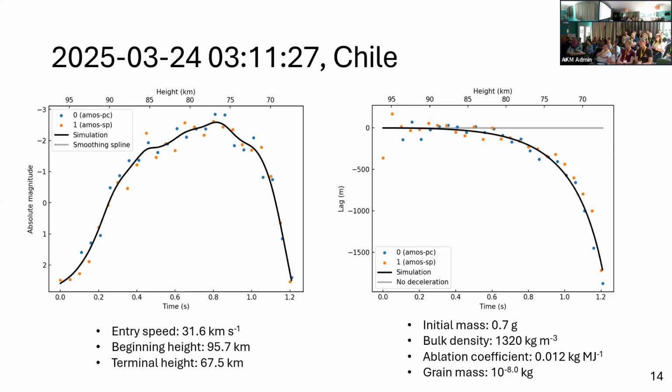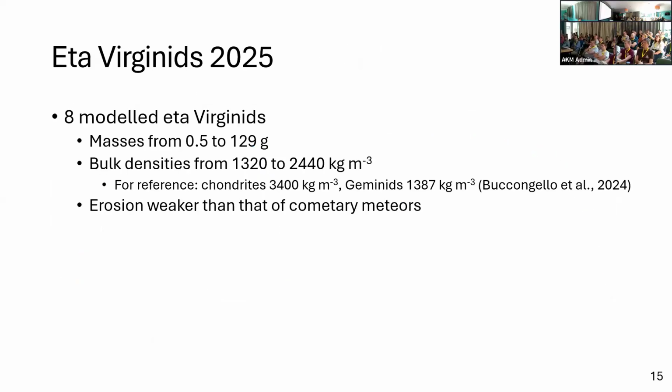The ablation coefficient tells us that if the meteoroid receives 1 megajoule of energy, then 0.012 kilograms of that material would evaporate. And the mass of those small grains that are released from the surface of the main fragment is just 10 to the minus 8 kilograms. So this is an example.